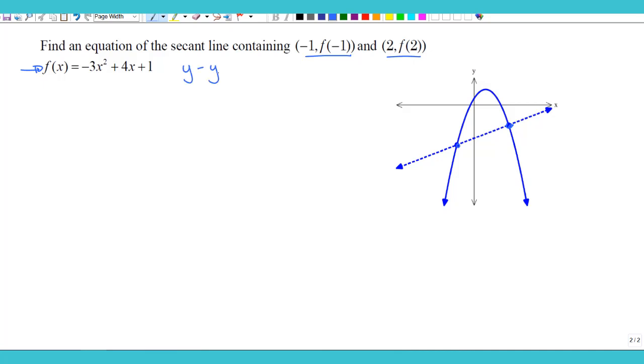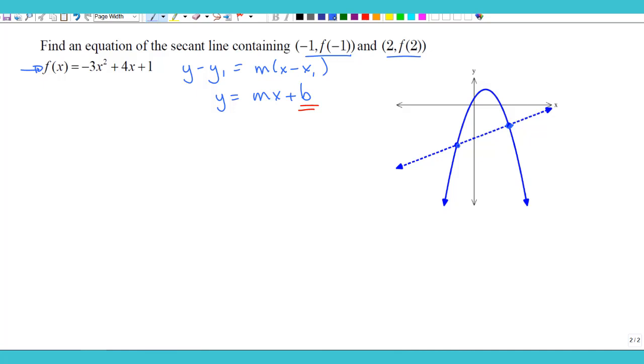Once again, we might need this formula, which is called the point-slope formula. Y minus y1 equals the slope times x minus x1. In the previous example, we used the slope-intercept form of y equals mx plus b because we were given b in the problem.